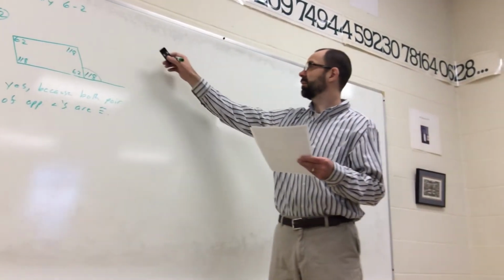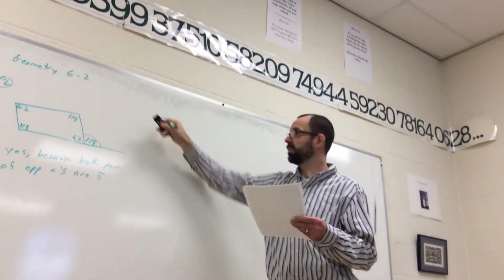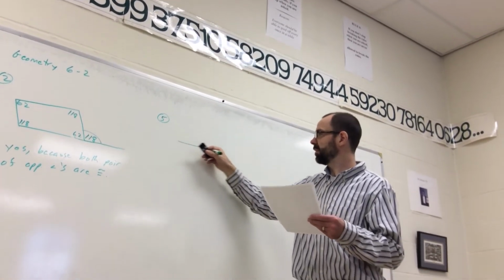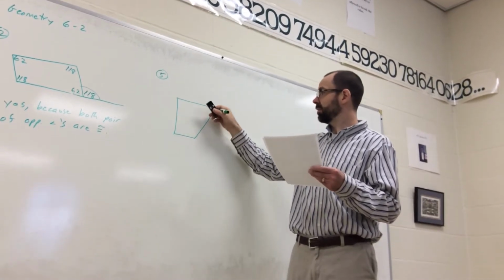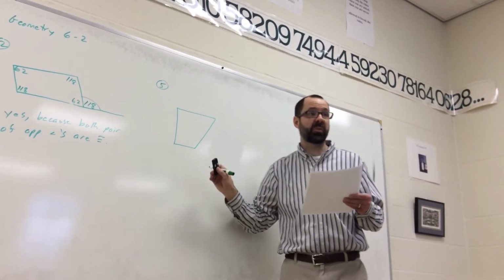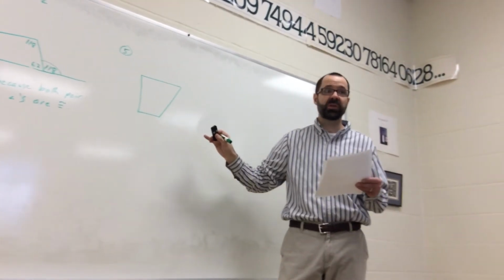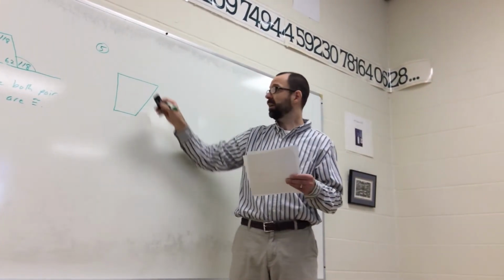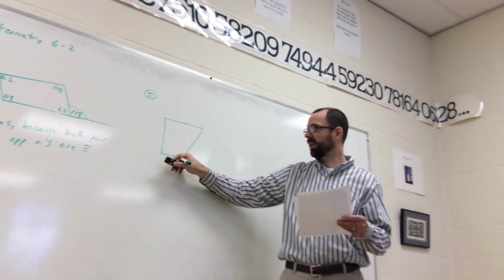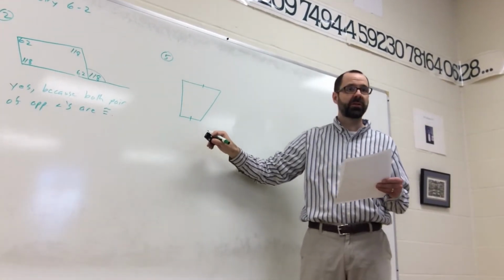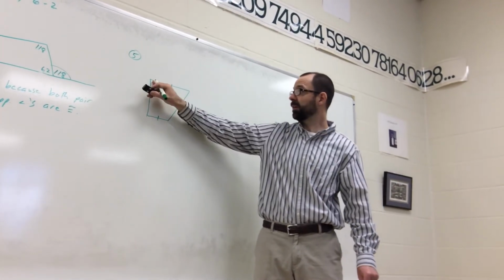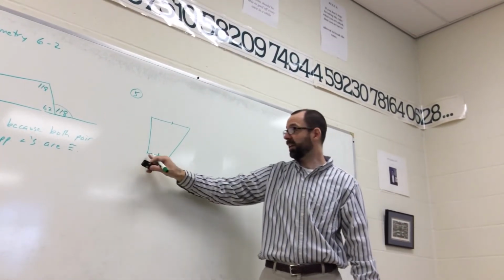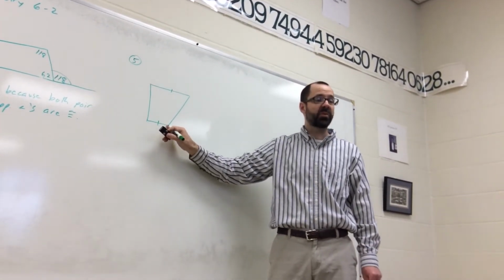Okay. Here's number 5. This one does not look like a parallelogram, but we can't go by appearances. We have to go by the facts. And they have a tick mark there and a tick mark there. So again, that's kind of strange. They're saying that this side is the same length as this side when they put tick marks there.